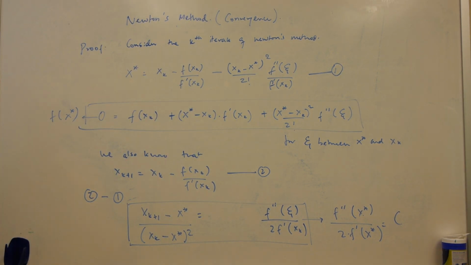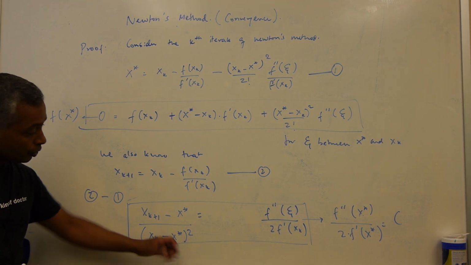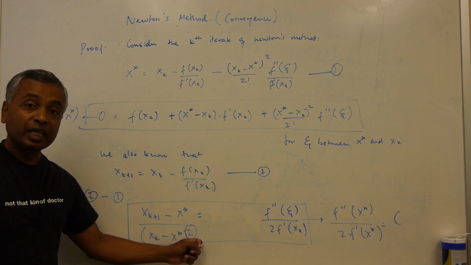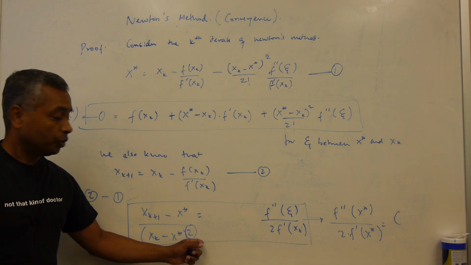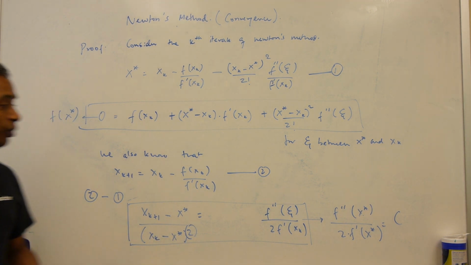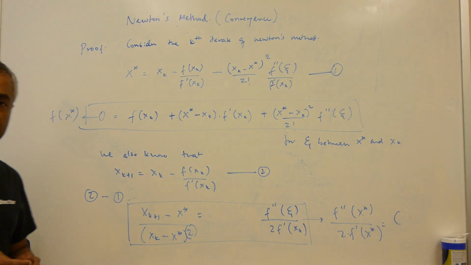So what this tells you is that as the iterates converge closer and closer to the solution, this power, remember this is the power we were after, is 2, or in other words, you get quadratic convergence of the Newton method. Okay? There's a more rigorous proof to this, and I'm going to skip that. If you're interested, you can go through the book or my notes on this.